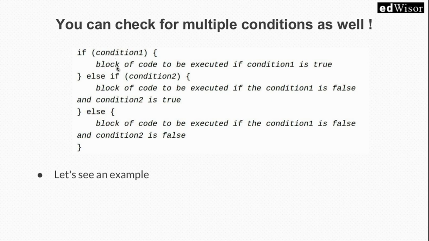If it's true, it executes whatever is written inside this block. If it's false, it moves to the second part, that is else if. Then it checks whether condition 2 is true or not. If condition 1 is false and condition 2 is true, then this piece of code is executed. And if both are false, both are not meeting the condition, then this else block will be executed.